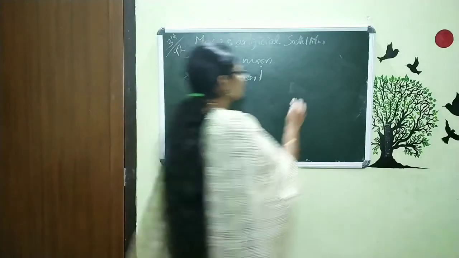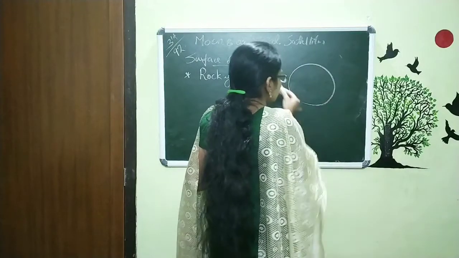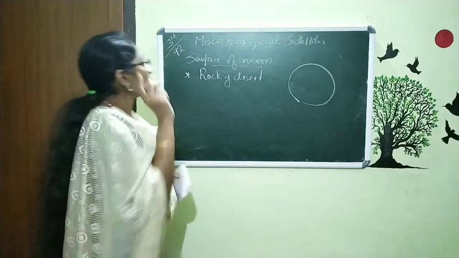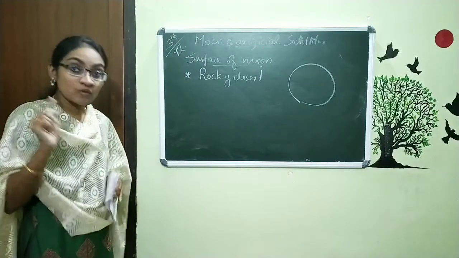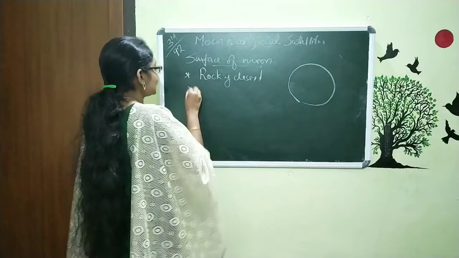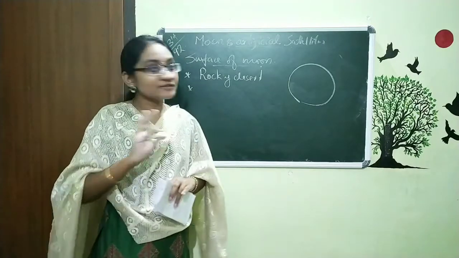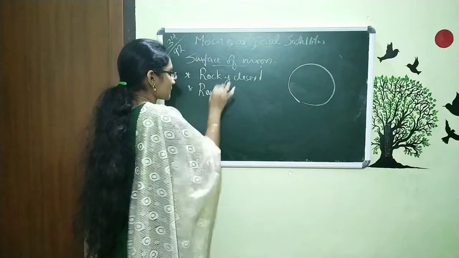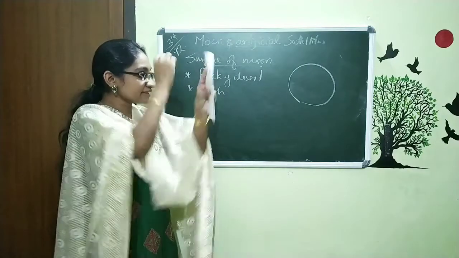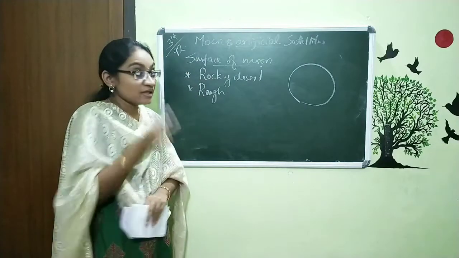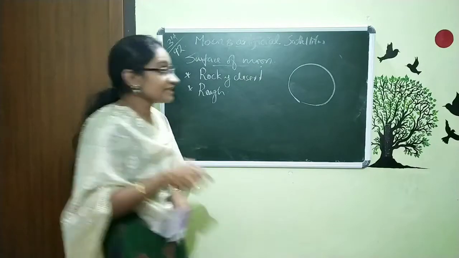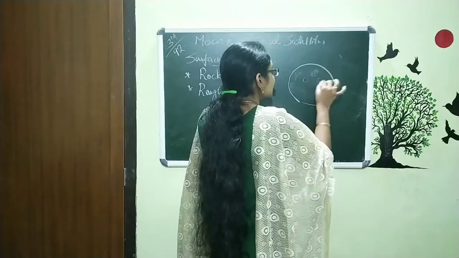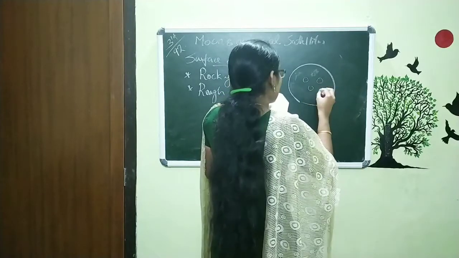That is the meaning of rocky desert. And desert means there are no plants or anything. So our moon's surface is a rocky desert. And the surface is not smooth, it is very rough. When we look through a telescope, we can see that the surface of the moon has some mountains and some craters.